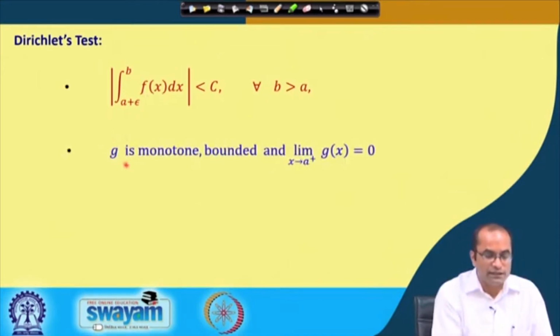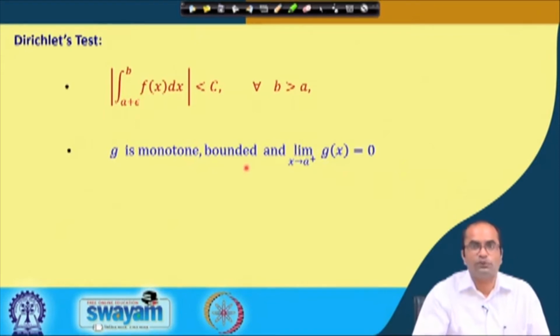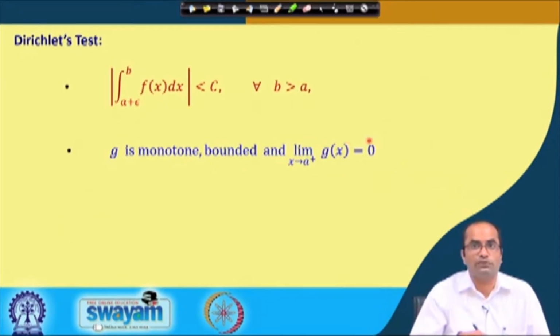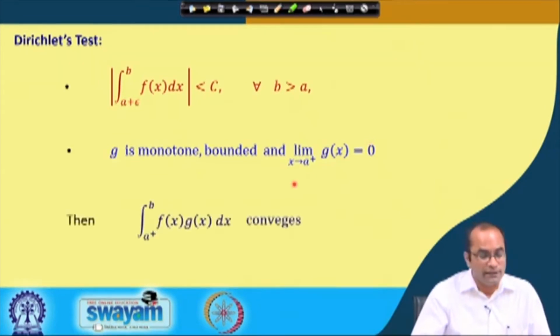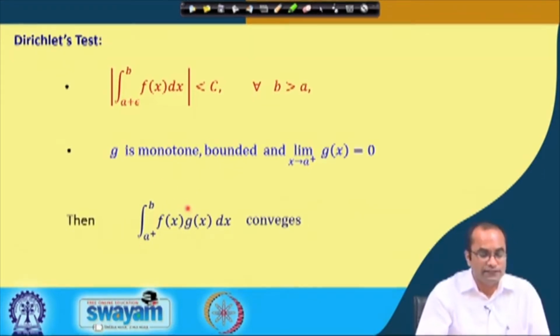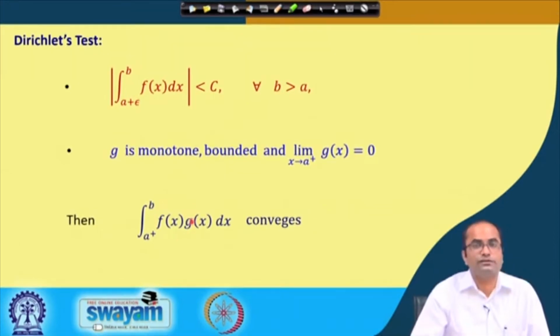Further, if we assume that another function g is monotone and bounded and approaching 0 as x approaches this end a, then this Dirichlet test concludes that the integral from a to b of the product f(x) g(x) also converges.